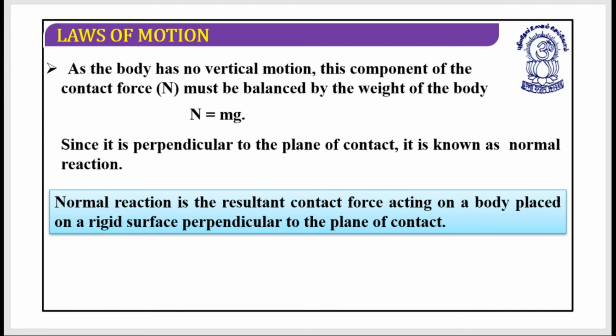Now the value. As the body has no vertical motion, the situation was something like this: here one force was mg, and here the other force was N. Is the body moving in the upward direction? No. Is the body moving in the downward direction? No. So as the body is not moving anywhere, I can write N equals mg.